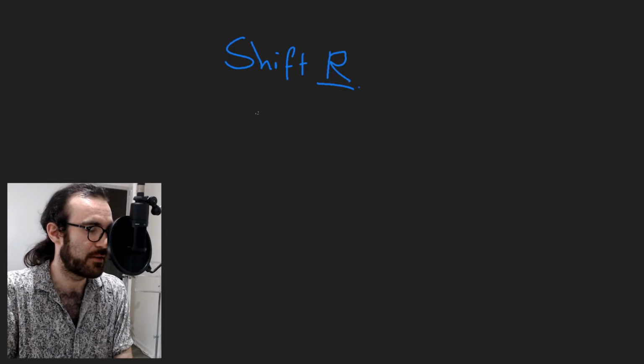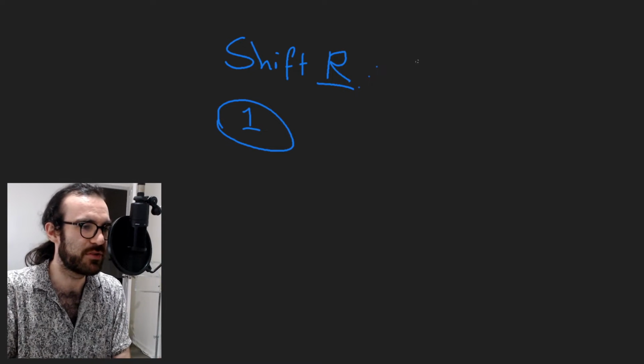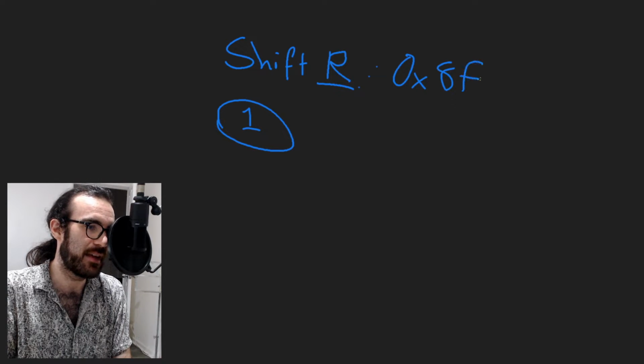Option 1, shift right. Let's say you have the number. What's a good number? Let's say hex 8FF, okay? And you shift right by 4.